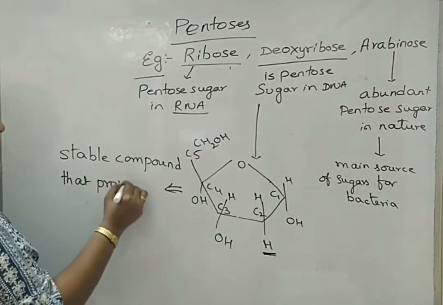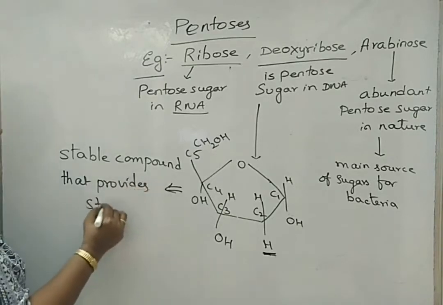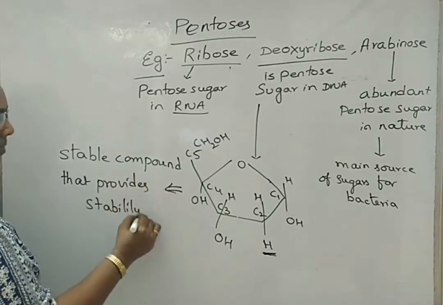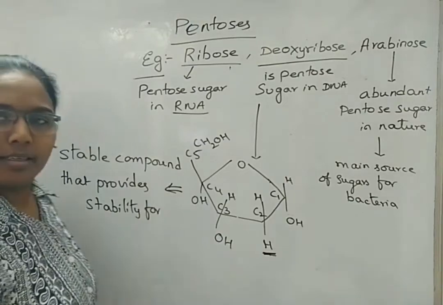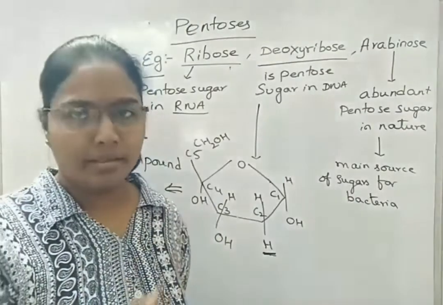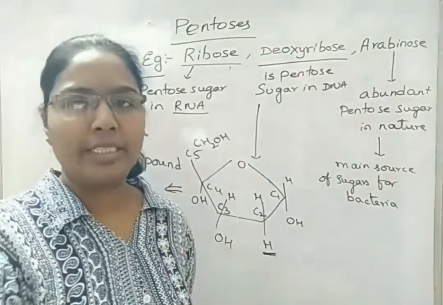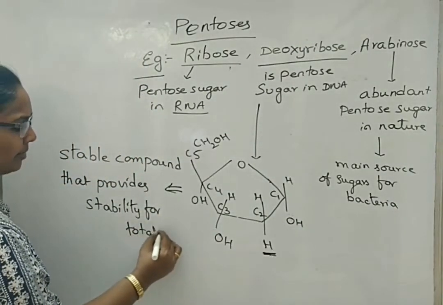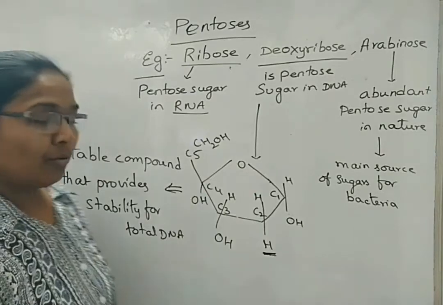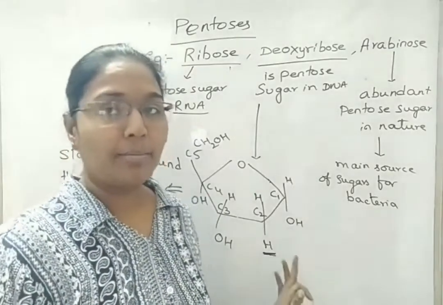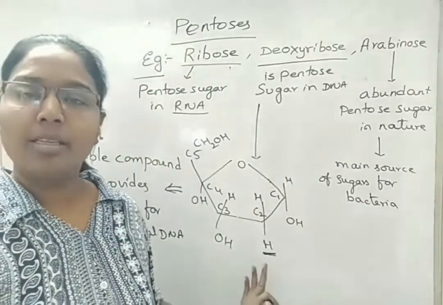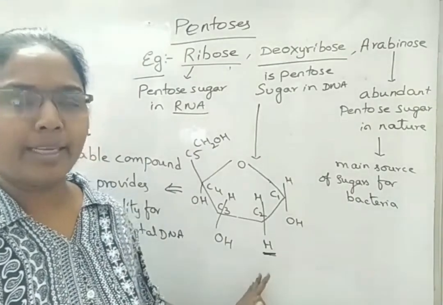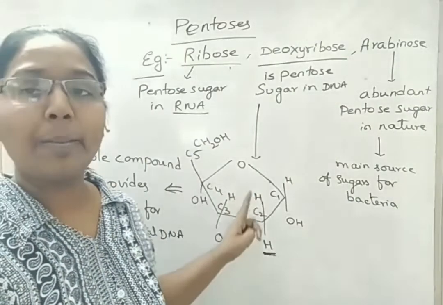Stability for DNA means if any other metal has come nearby, the structure is not going to break down its bonds which are present within them. For total DNA, if any water molecule has come nearby, still the bonds are not getting broken down. The structure is being strictly maintained by the deoxyribose pentose sugar.